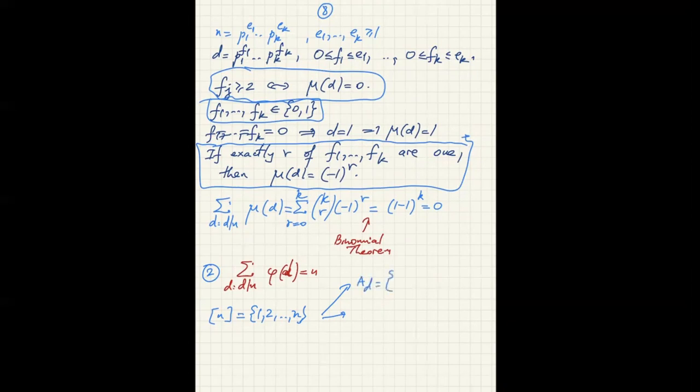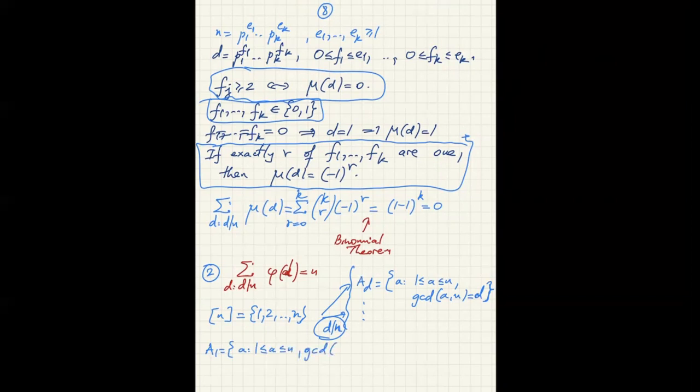These are the sets of A between 1 and N such that the GCD of A and N equals the number D. We can do this split into various A_D for every D that divides N. Okay, so A_1 consists of all A such that the GCD of them is 1.